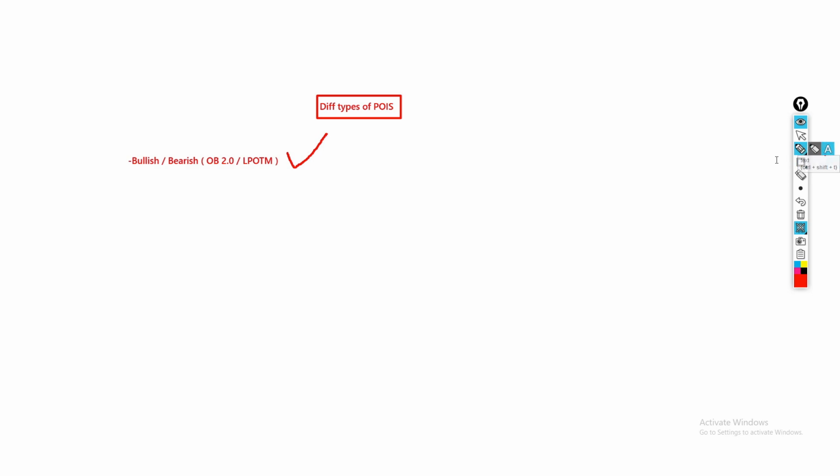We also have breaker blocks, IFC candles, which stands for institutional funded candles, and FU candles, also known as liquidity voids. So the first one you already should understand pretty well, so we're going to be diving straight into the other ones.